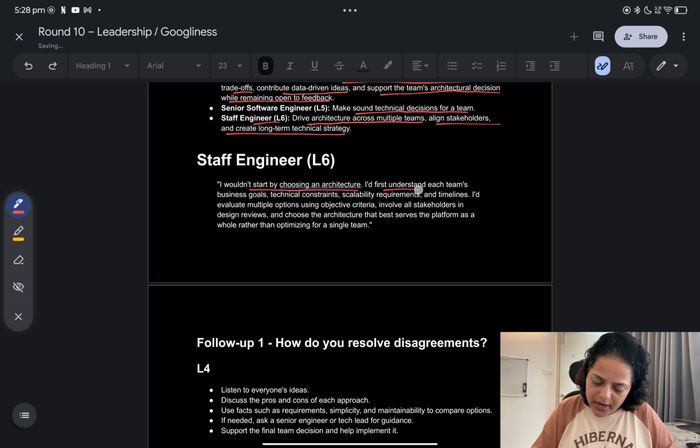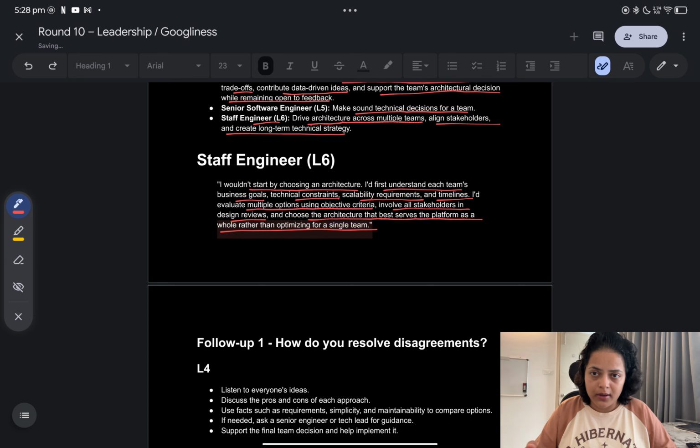I would first understand each team's business goal, technical constraint, scalability requirement, and timelines, all these 4 things. I would evaluate multiple options using objective criteria, involve all stakeholders in decision review, and choose the architecture that best serves the platform as a whole rather than optimizing for a single team.